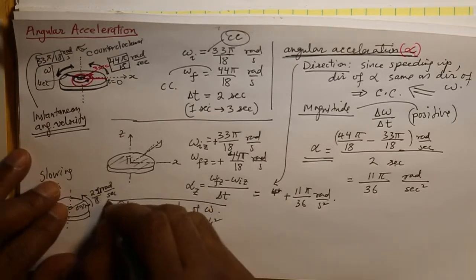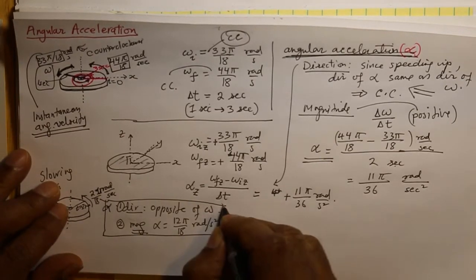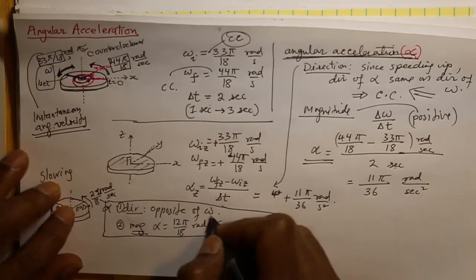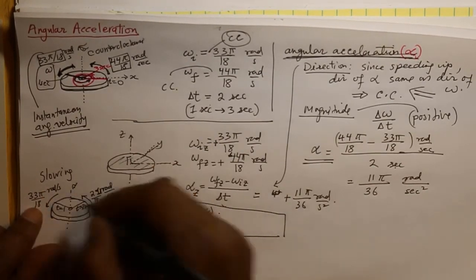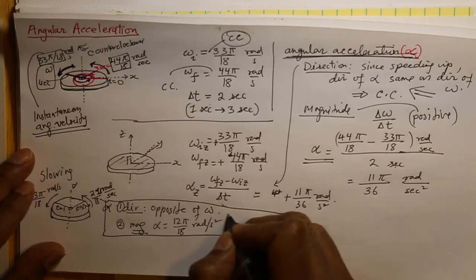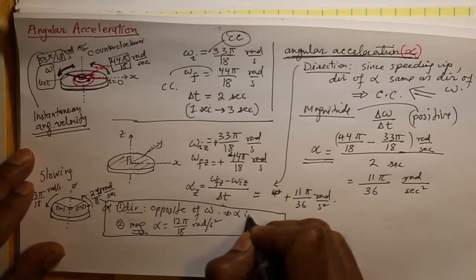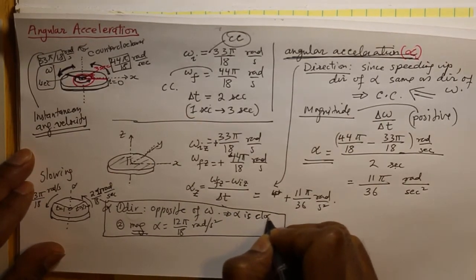So this is using clockwise, counterclockwise. So opposite omega is going, if I'm looking from here, counterclockwise. So that means alpha is clockwise.